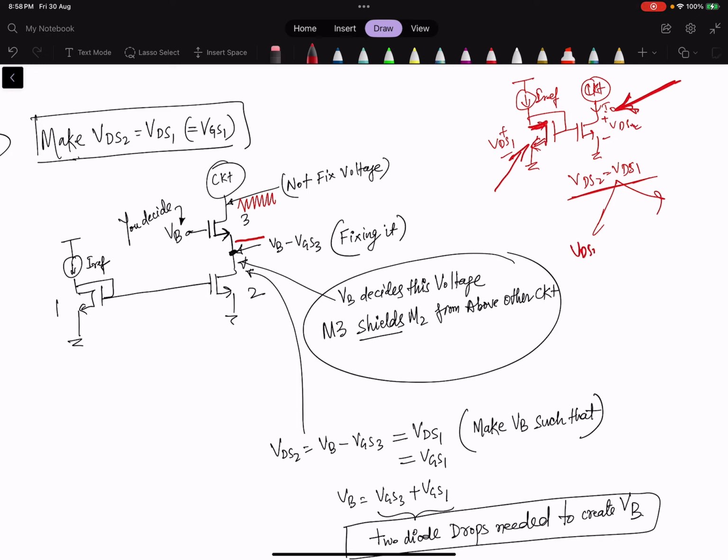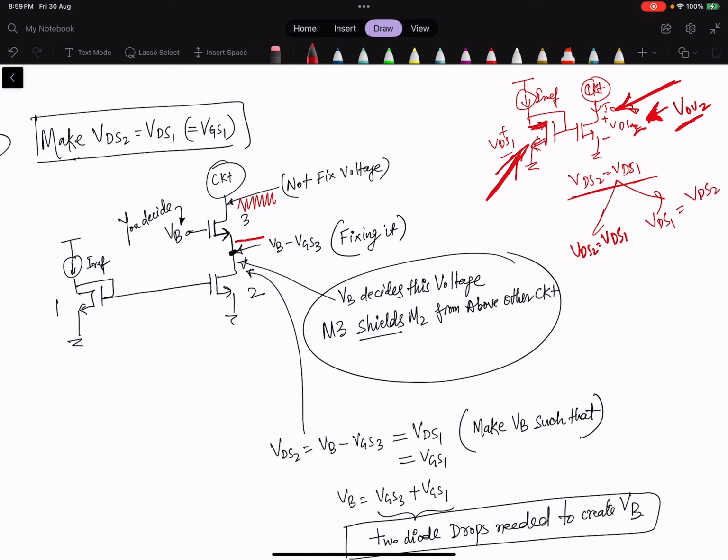The second way is we will fix VDS2 to some voltage, and we will see what that voltage is in the next video. That will be the minimum voltage requirement for the device to be in saturation, which is the overdrive voltage of the two. So we will fix this VDS2 to the overdrive voltage, and we will make VDS1 equal to VDS2.